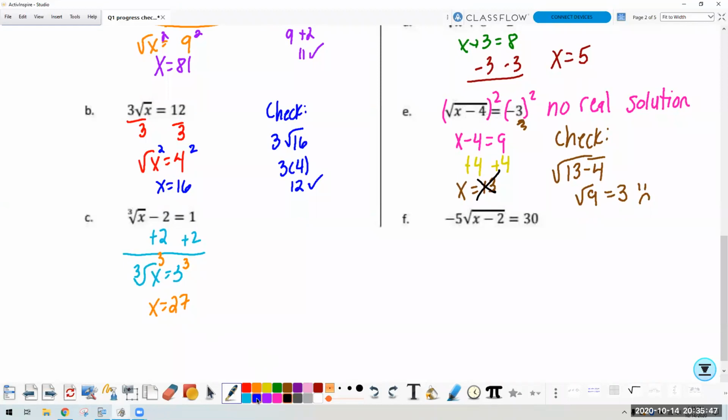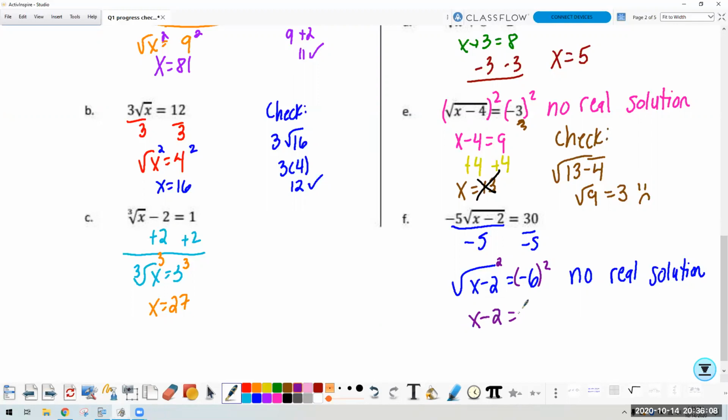And then for F, just divide both sides by negative 5. Oh, I got a square root equaling a negative. That means there's going to be no real solution. If you wanted to solve all the way and then check just to be sure, I go back to the original.